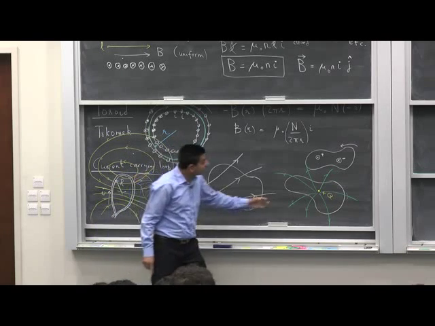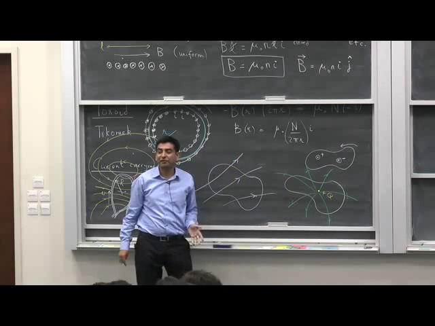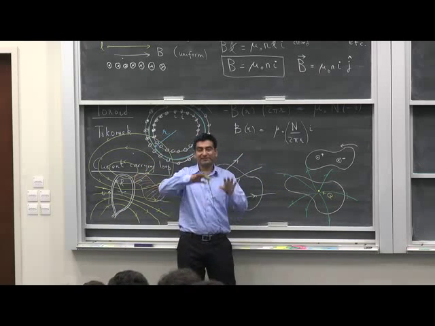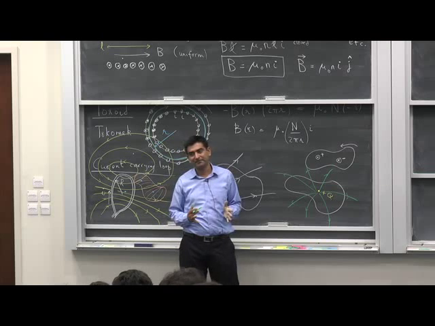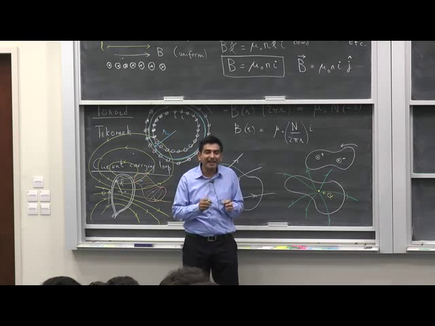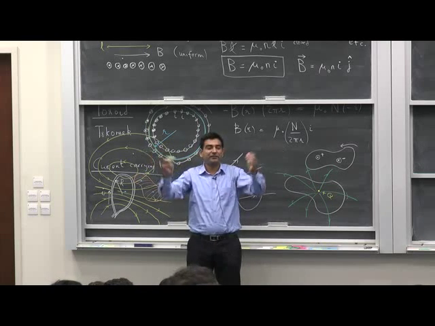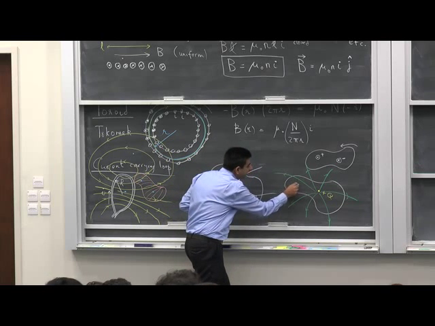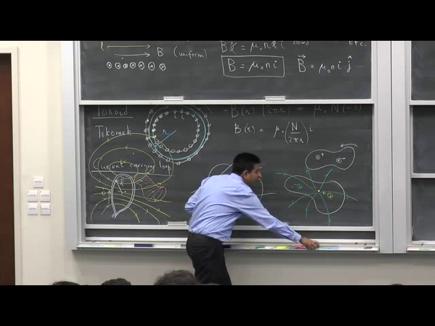Alright? So the net flux to this surface is non-zero and it's given by Gauss's law because there is charge inside this surface, inside the volume that is enclosed by this surface. So charges act as sources of electric field lines.